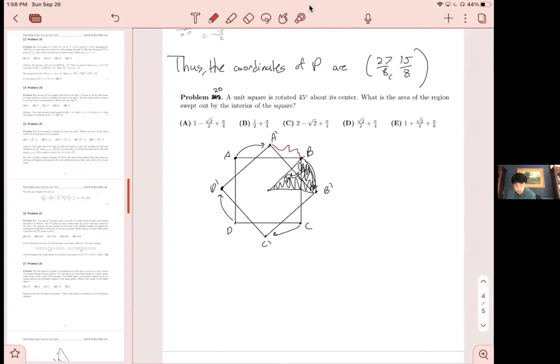And in fact, I claim that the region that gets swept out is in fact these endpoints. It's in fact that everything out here can't be reached during the sweeping.